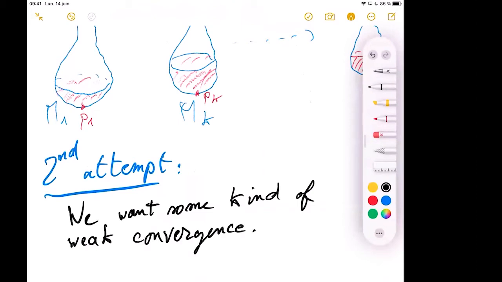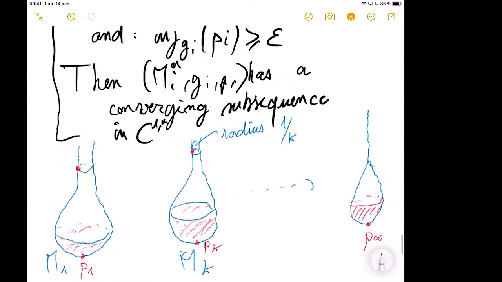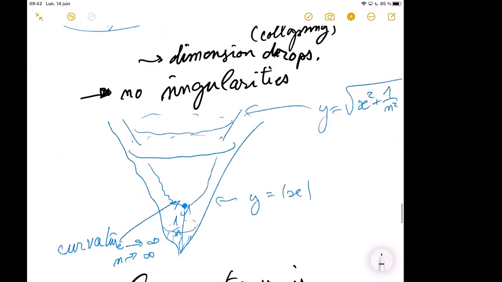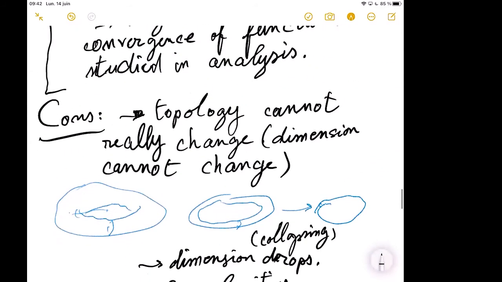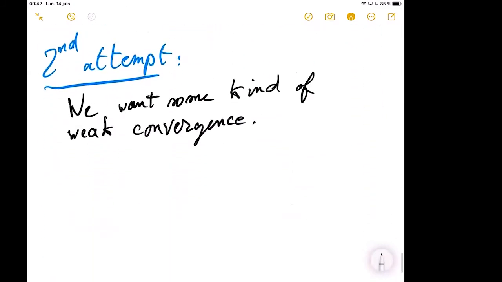This will have a big advantage: it will be much easier to have convergent subsequences. For instance, with this Gromov Hausdorff topology, this will be a converging sequence, as will be this or this. But it will be much more difficult to prove continuity of various geometric invariants. So that's a trade-off. There's no free lunch.